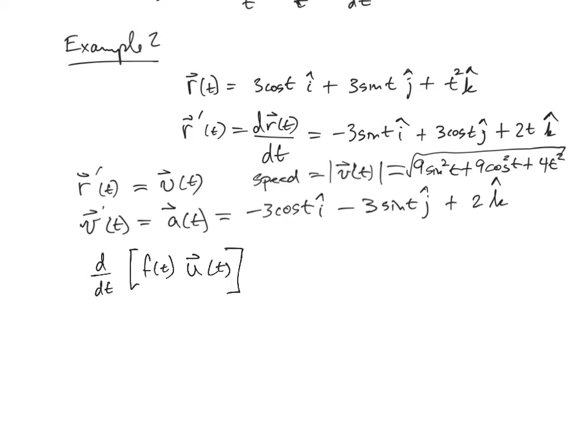Well, that's kind of like the product rule, right? And if you don't remember the product rule, it's the derivative of the first times the second plus the first times the derivative of the second. Or if they're both vector functions, same thing. 1 times the derivative of the second plus the second times the derivative of the first. Okay, so that was the product rule.